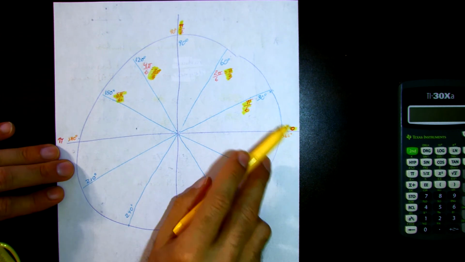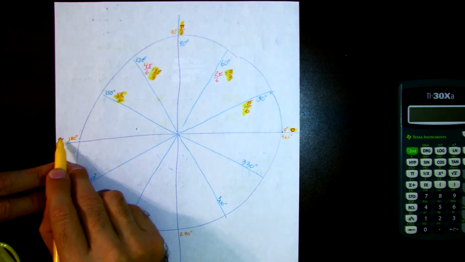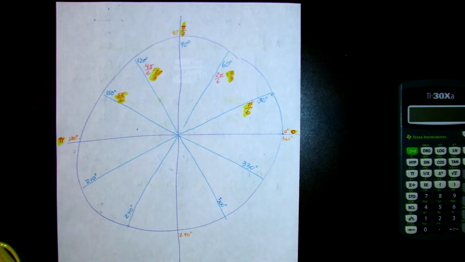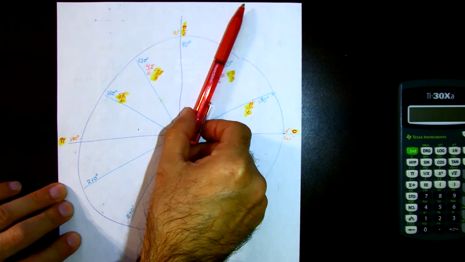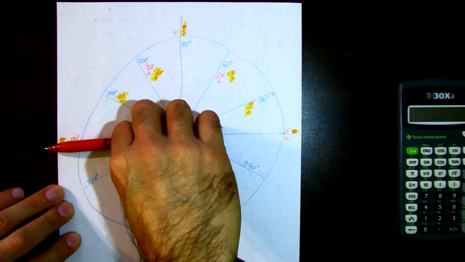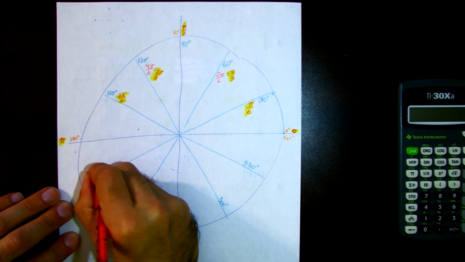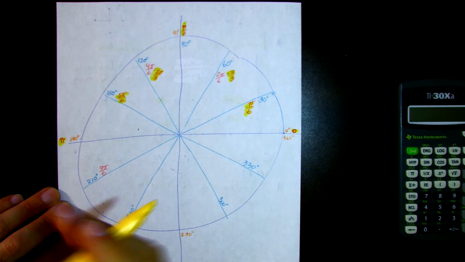All right. 1/6, 2/6, 3/6, 4/6, 5/6. 6 pi over 6 is equal to 1 pi. All right, let's see. 1/6, 2/6, 3/6, 4/6, 5/6, 6/6, 7 pi over 6. That's this one.